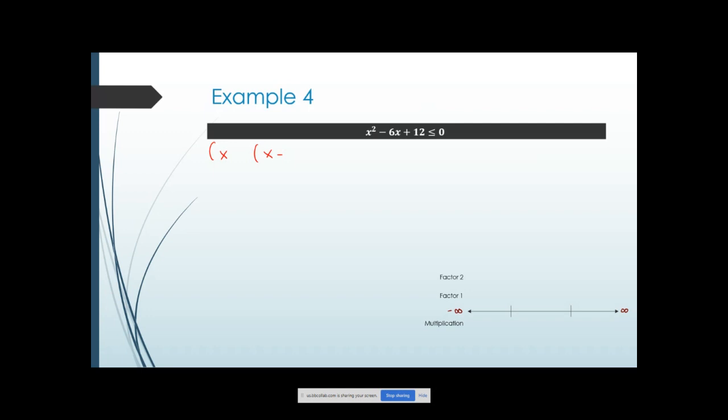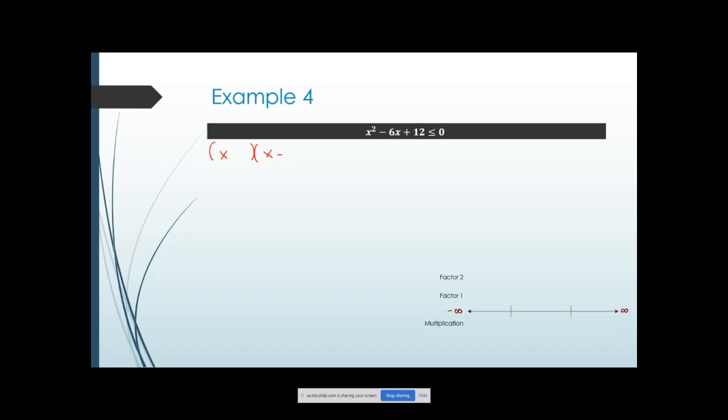Let's see. Trying to do this in my head. 6 times 2 is 12. That doesn't get you negative 6. 4 times 3 is 12. That gets you negative 7. 12 and 1, that won't get you. So I'm going to have to use the quadratic formula here because this is something that doesn't factor.